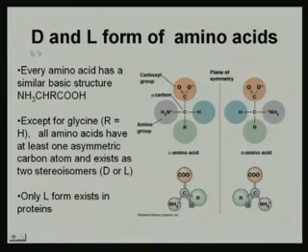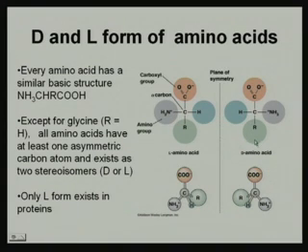Now, when we talk about the D and L forms of amino acids, every amino acid has a similar basic structure. That means one amino terminal and one carboxy terminal are there, except for glycine where R is H. All amino acids have at least one asymmetric carbon atom and exist as two stereoisomers, either the D form or the L form.